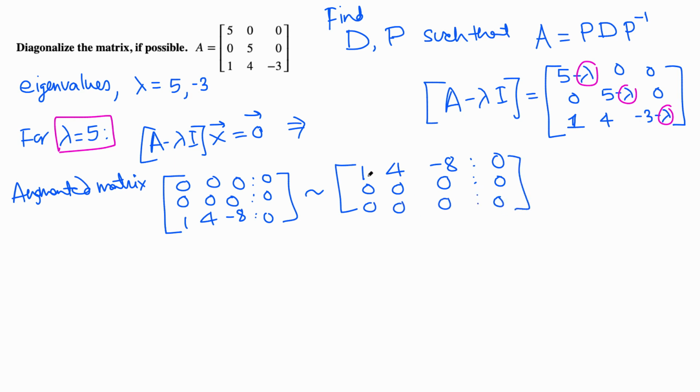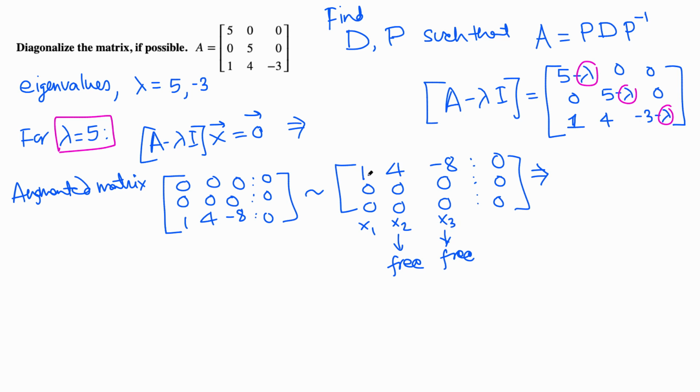Now we have a pivot here; this 1 is the pivot. There is no pivot in the other columns. So no pivot for x2 means x2 is a free variable, and so is x3.